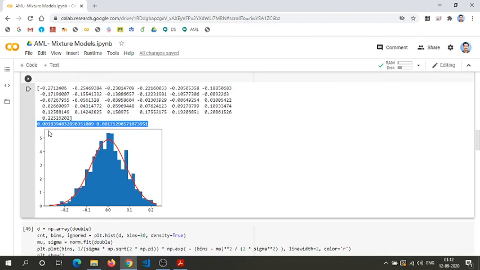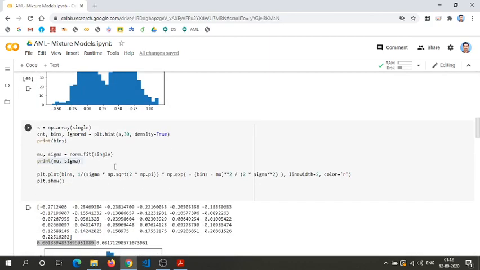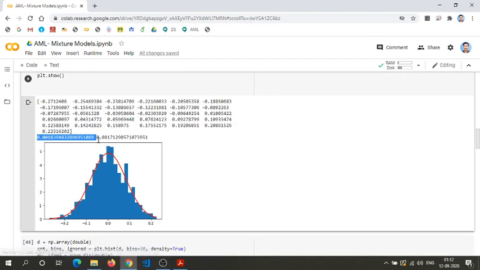It's almost clear that you started from 0.0 and 0.08, with a slight difference. You started with mu equal to 0 and sigma equal to 0.08, so you are able to get the same values.